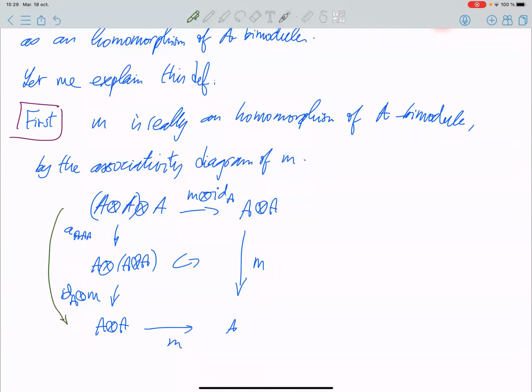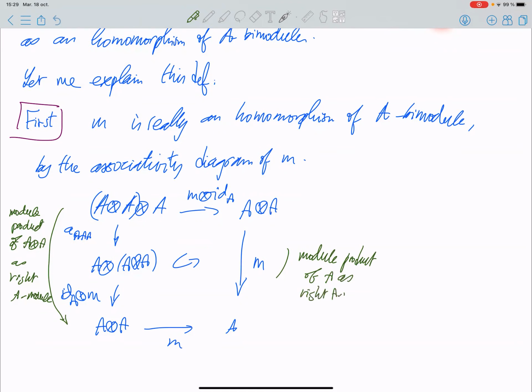This map is the module product of A tensor A as right A module. And this one, the module product of A as right A module.